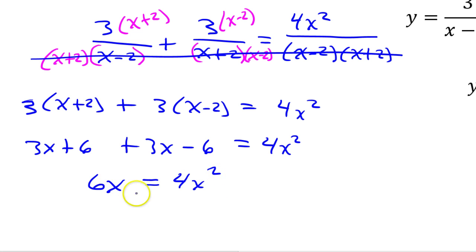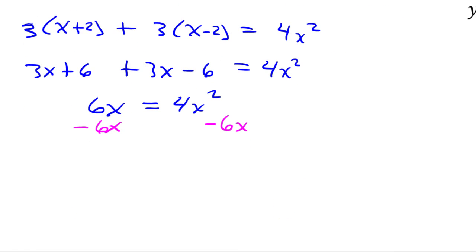When I have x and x squared in the same problem, I get 0 on one side. So let's subtract 6x from both sides like this. That's going to give me 0 equals 4x squared minus 6x. We need to factor this.